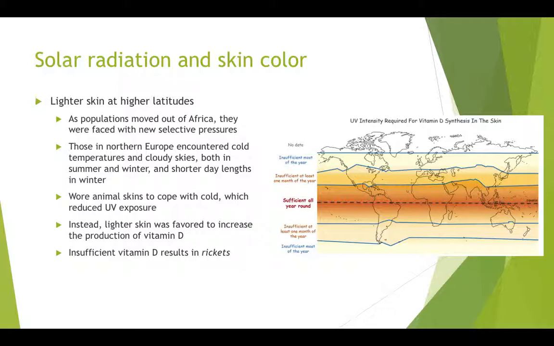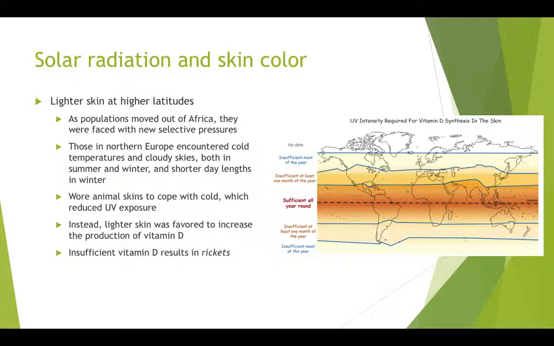So insufficient vitamin D results in growth abnormalities and malformation, including things like rickets. This is where legs are often bowed because there's not enough vitamin D for healthy bone development. We did find in relatively recent historical times that African Americans had a higher incidence of things like rickets because their vitamin D production was lower.